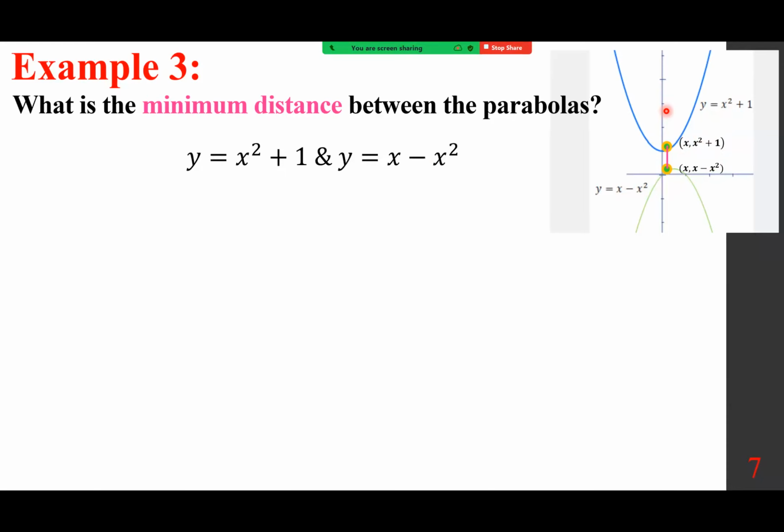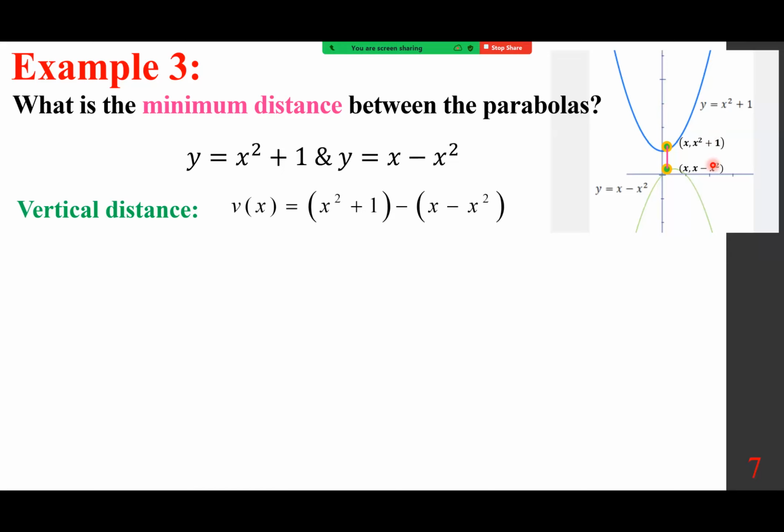So we are interested in this vertical distance, V of x, which is the y coordinate of the top minus the y coordinate of the bottom. And so we want to minimize this.